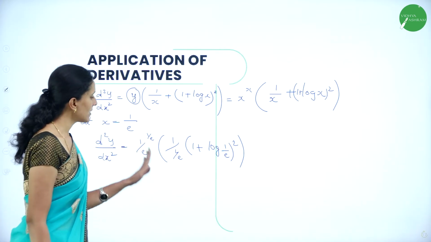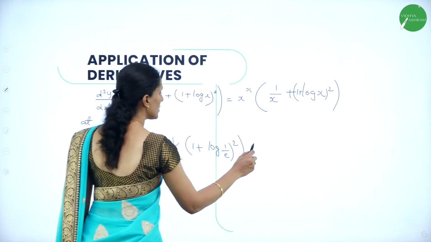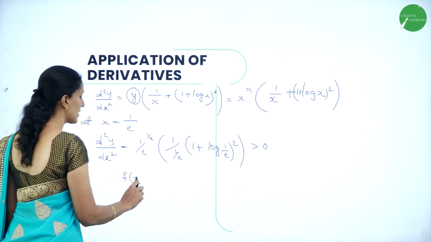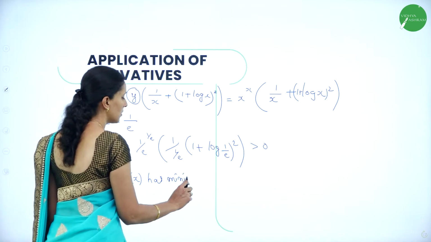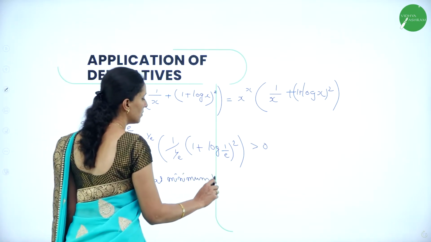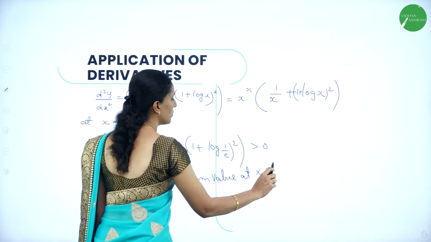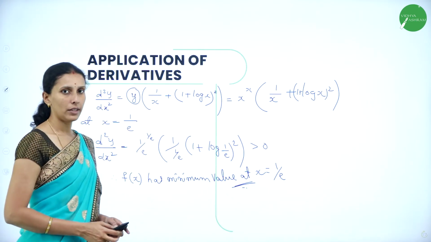So by looking at this, we can clearly see it's a positive quantity, which is greater than 0. So therefore, f of x has minimum value at x is equal to 1 by e. So no need to find out the minimum value.